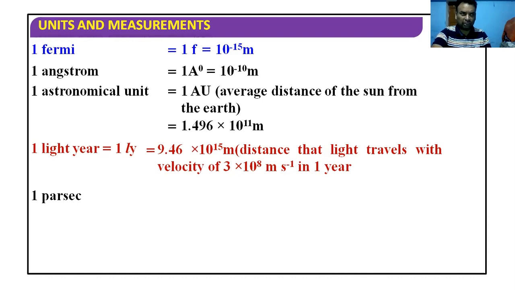If photons thousands of years back were moving with any speed, then that speed was definitely 3 into 10 raised to power 8 meter per second. Right now the speed of the photon is again 3 into 10 to power 8 meter per second. The photon coming from the sun, or from a bulb, or any light emitting object, will move with such a high speed.